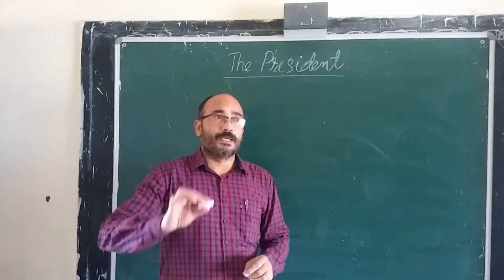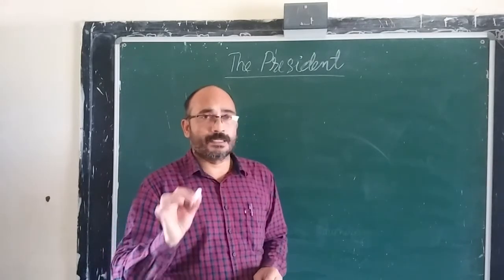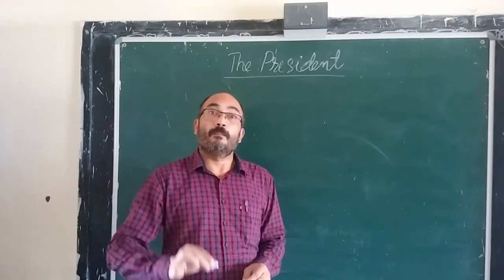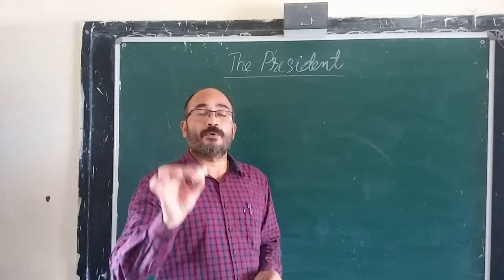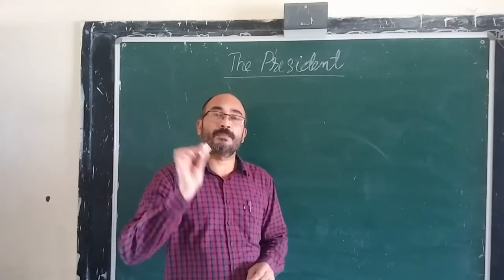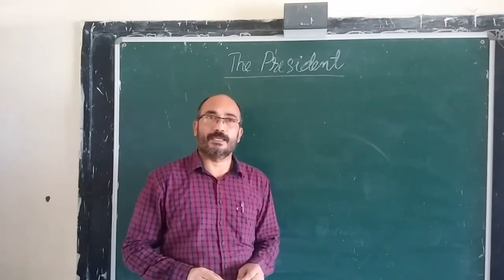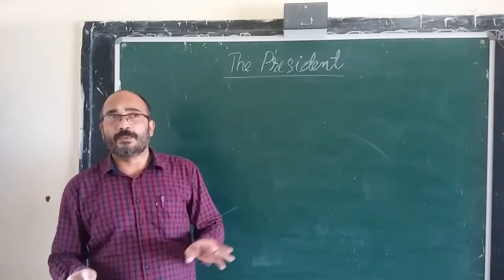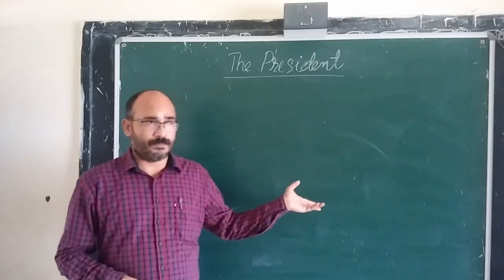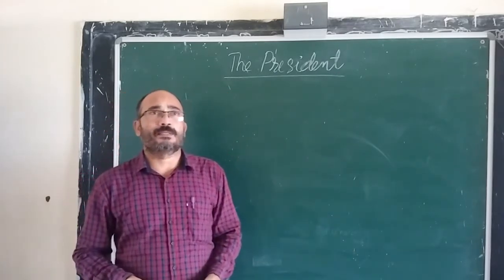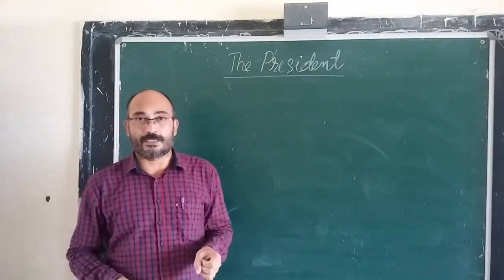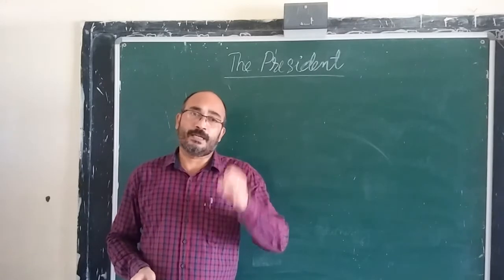An Indian citizen who wants to contest the presidential election must have the proposal of a minimum of 50 members of the electoral college. At least 50 members of the legislative assemblies or parliament must propose that one person can become the president, then he can contest. But that is not enough.